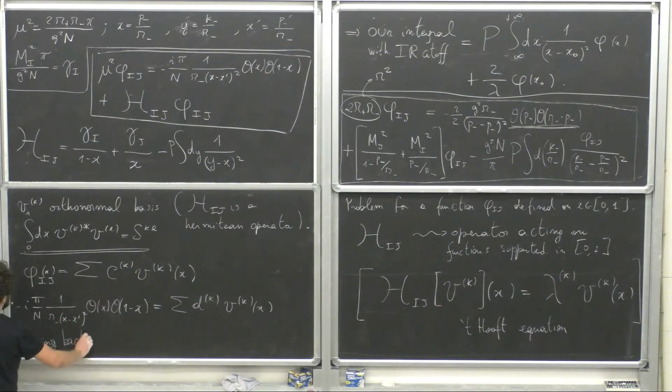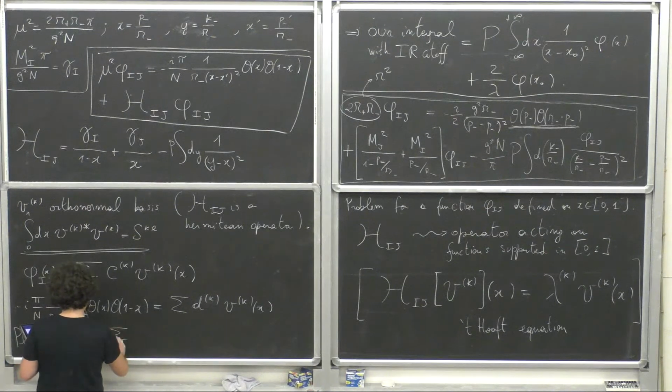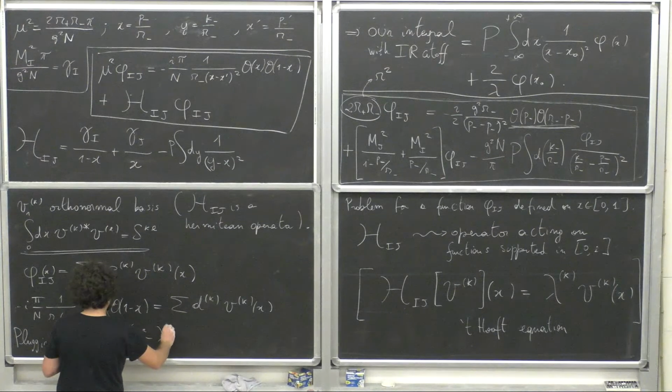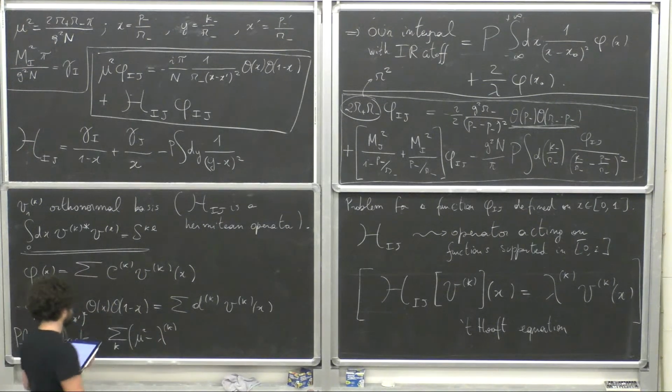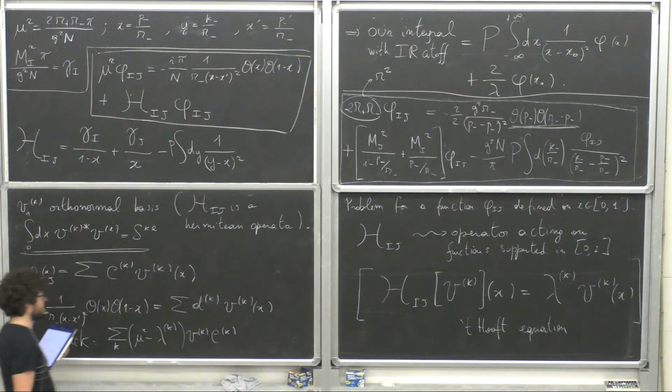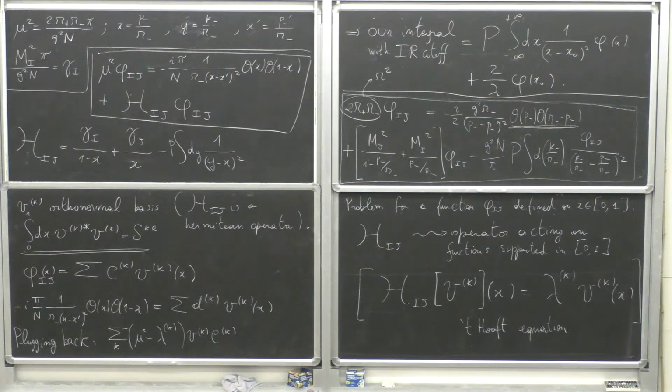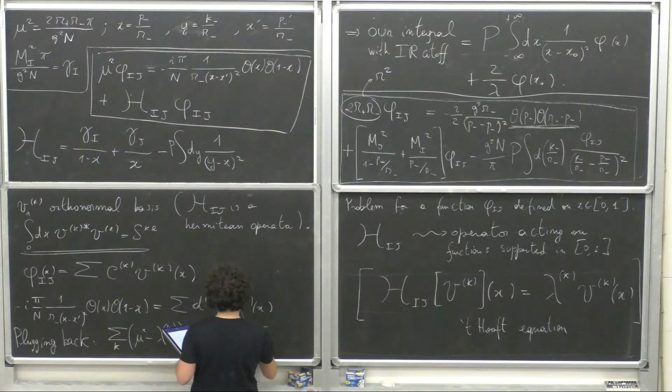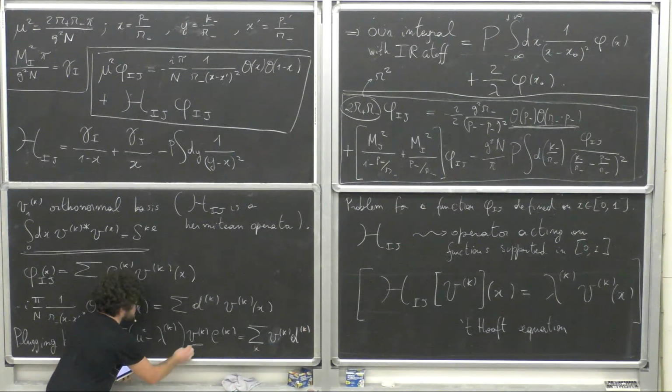Plugging back, I find something like the sum over k of mu squared minus lambda_k, V_k c_k. I just use the fact that I diagonalized my H. This is equal to the sum over k of V_k d_k.